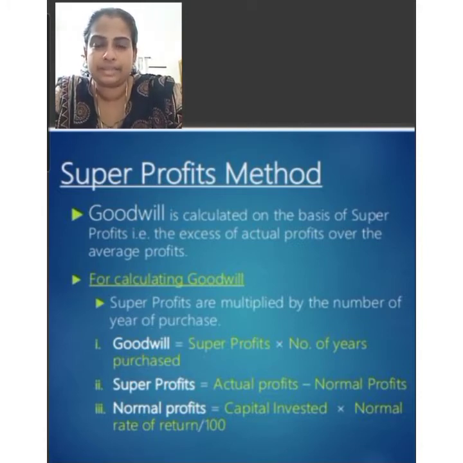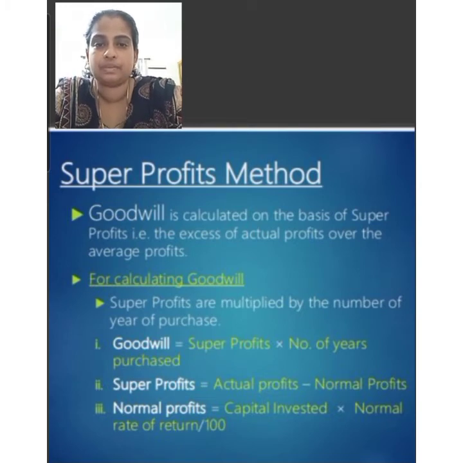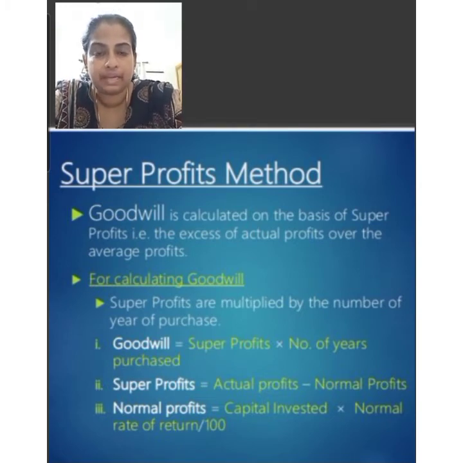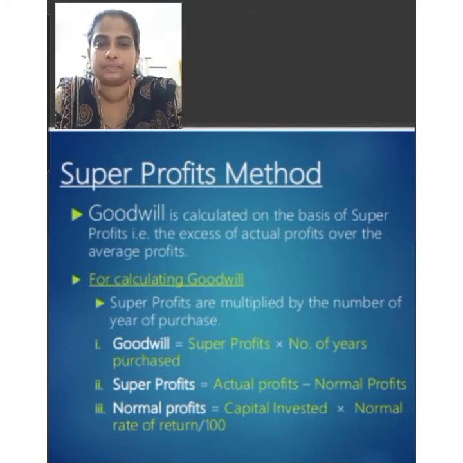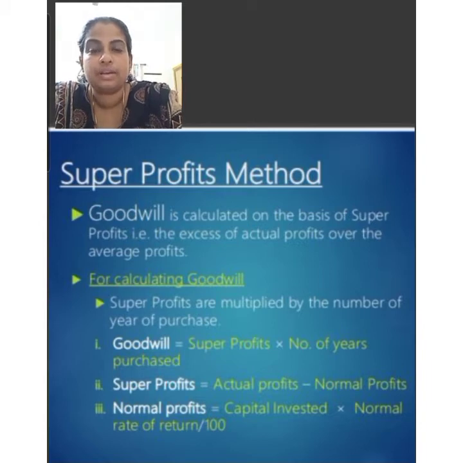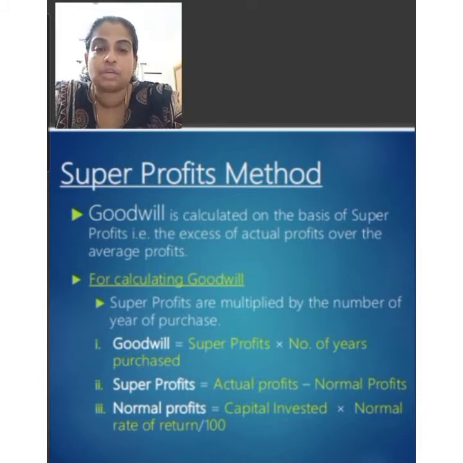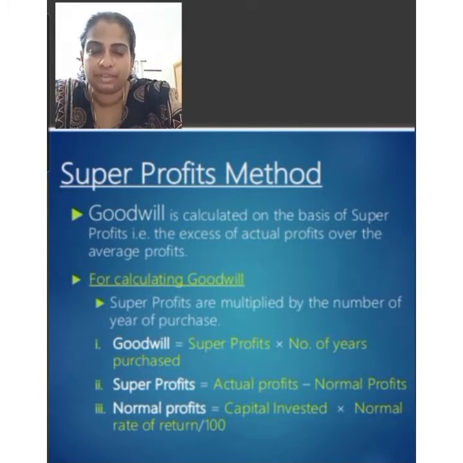In this method, that is the super profit method, goodwill can be calculated as super profits into number of years purchase. Goodwill is calculated on the basis of super profits, that is, the excess of actual profits over the average profits. Average profit means total profit divided by number of years.